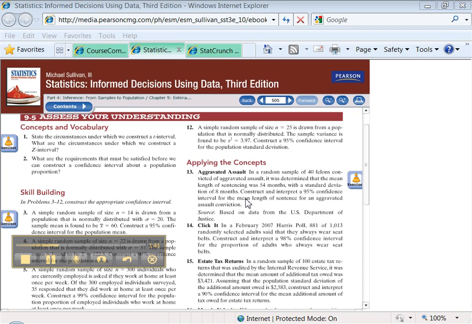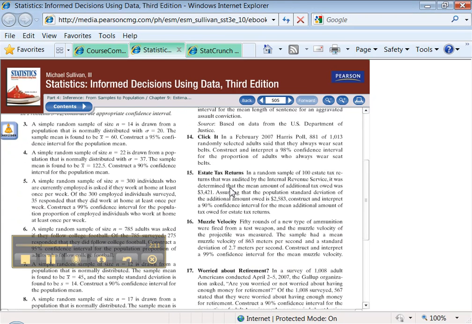See that? Mean. So you're doing either 9.1 or 9.2 because it's a mean question. In order to be 9.1, it would have to have sigma known. So you have to look in the problem, see did they ever give you population standard deviation, sigma. Well, they gave you standard deviation, but they didn't tell you population. That means that you don't know sigma, which means you're in 9.2. This is a t interval question.